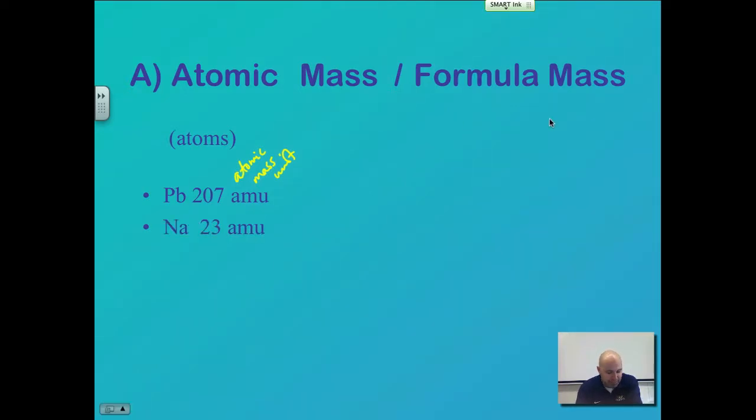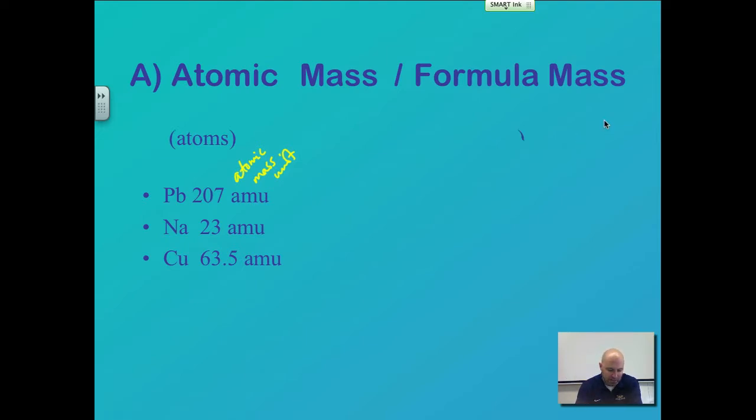So lead, sodium, 23 AMUs. 63.5 AMUs for copper. Basically, you can round all the atomic masses off the periodic table to whole numbers. I use copper, I'll use 63.5. Chlorine, I'll use 35.5. Basically, if it's right smack dab in the middle. Otherwise, you can round them to whole numbers.